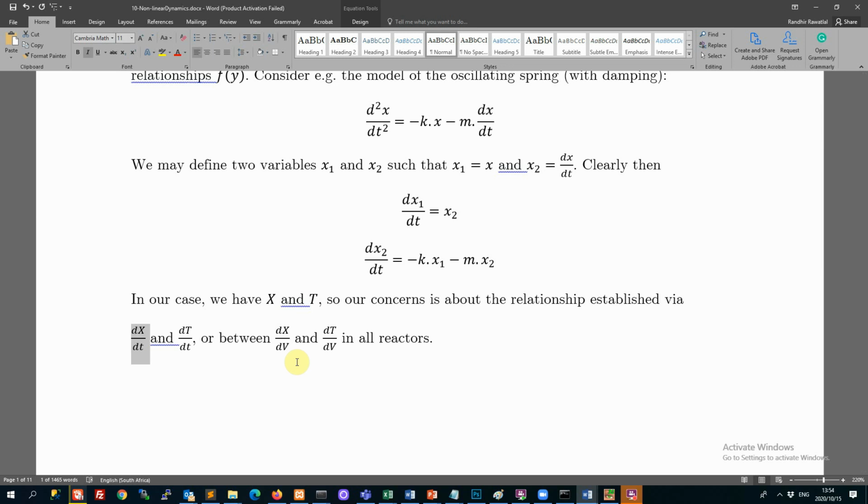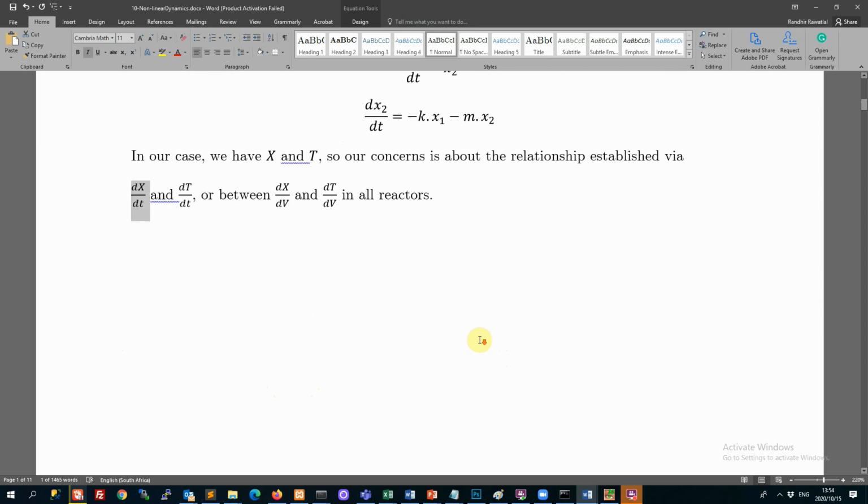However, in reality, we never get perfect mixing. In the real world, there may well be differences in temperature and conversion at different points across the reactor. So neither of these can be assumed to be zero. And so the moment that happens, we have to think about the dynamics of the process and of the system.